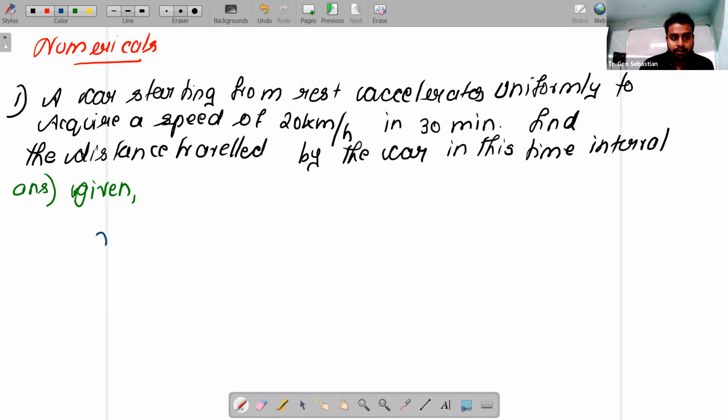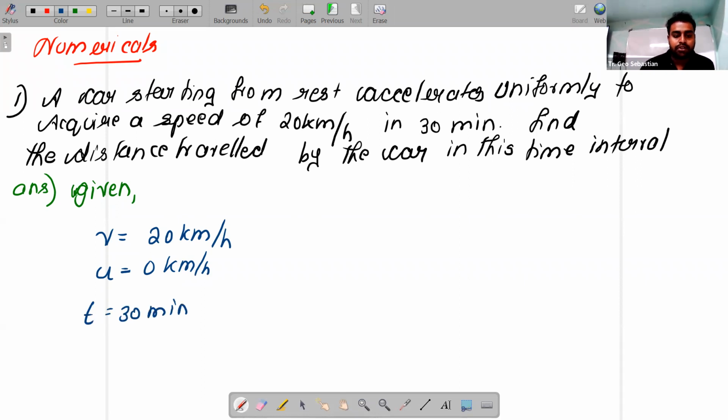See, we are already given the final velocity, right? 20 kilometer per hour. Now, a car starting from rest, the initial velocity will be 0 kilometer per hour. That will be 0 only. Time will be 30 minutes.